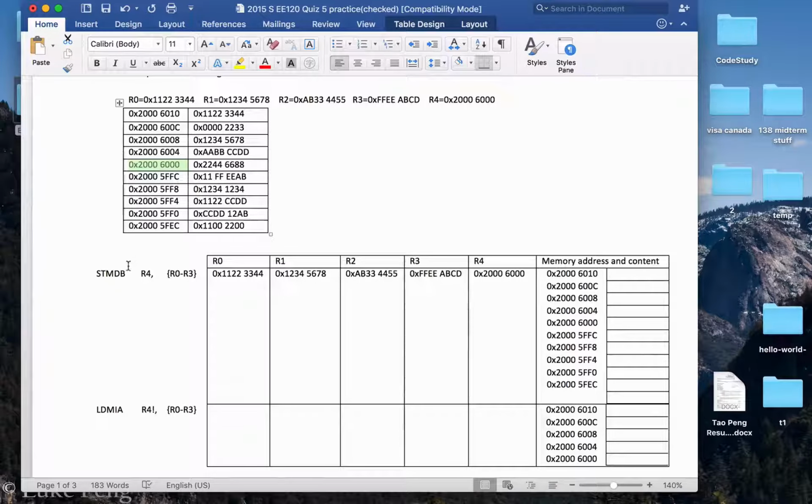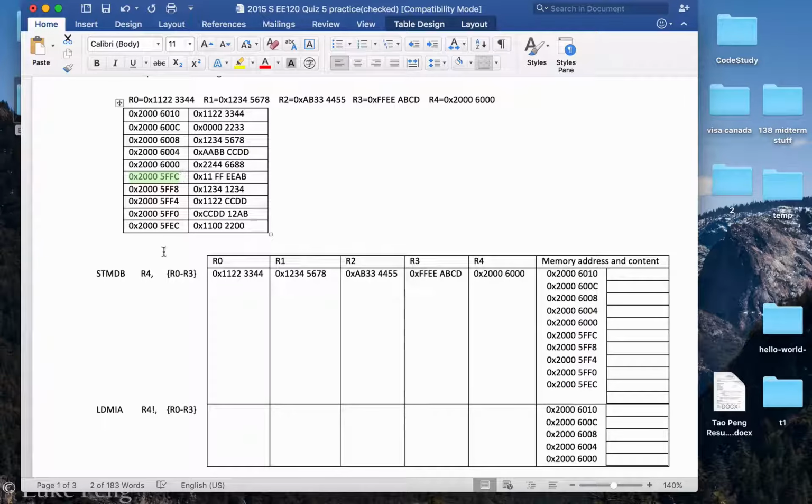Since it is decrease before, I have to decrease my pointer from 6000 to 5FFC. My pointer originally was going to here, and I decrease it to here, 5FFC.